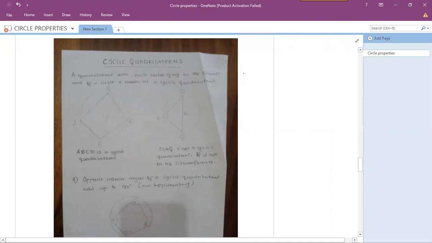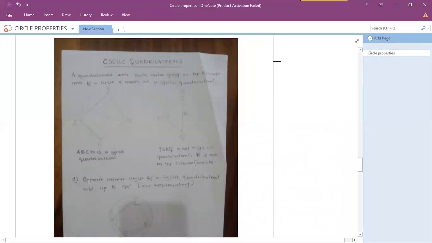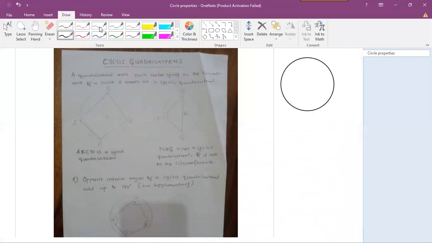So let's talk about something known as cyclic quadrilaterals. A cyclic quadrilateral is any type of quadrilateral in which all the vertices lie on the circumference. So what do I mean by all the vertices lie on the circumference?